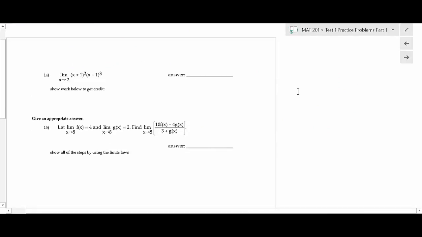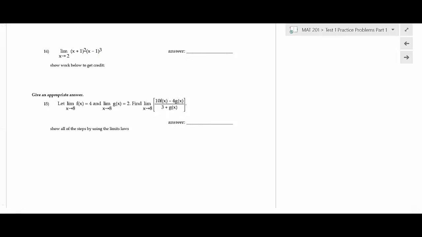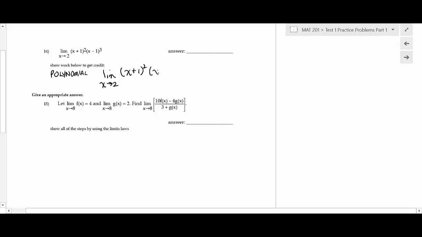Okay, now the next one is a polynomial. Another thing we learned is a polynomial function in a factored form. If it's a polynomial, we also know that polynomial functions are always continuous. So really all you got to do on this is just some arithmetic. We're going to do the limit as x goes to 2 of (x plus 1) squared times (x minus 1) to the third.